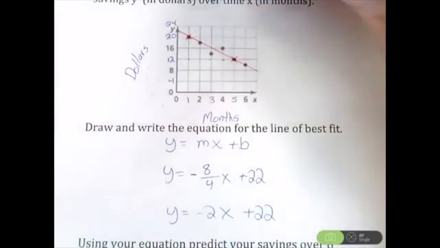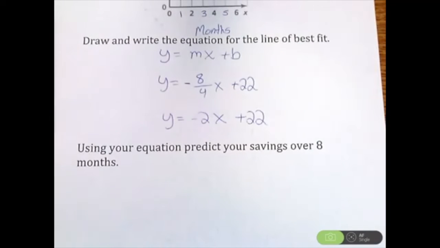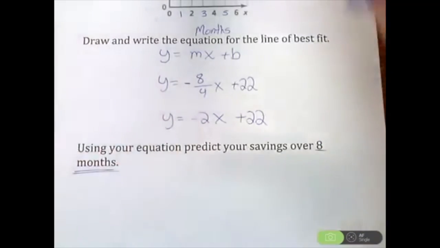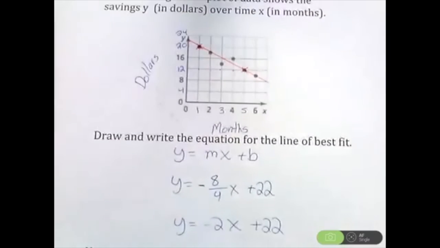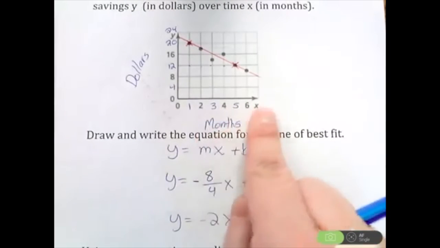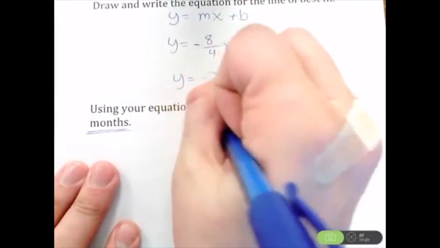And there we are. One last follow-up question says, use your equation to predict your savings over 8 months. If we look up at the top, it doesn't tell us if that's x or y, but we're talking about months, which is x. So what they really gave us is x equals 8.